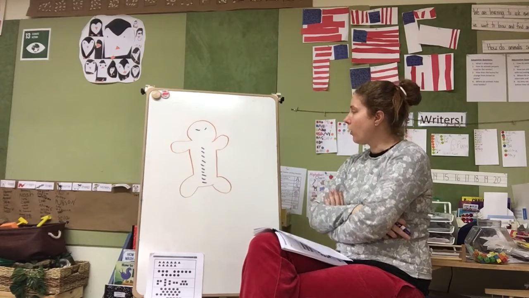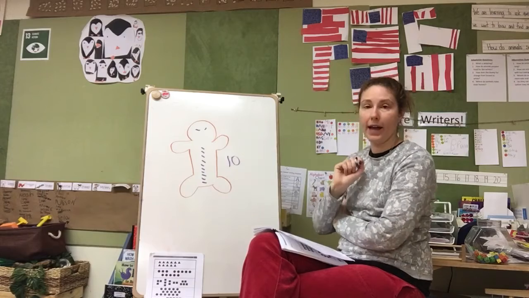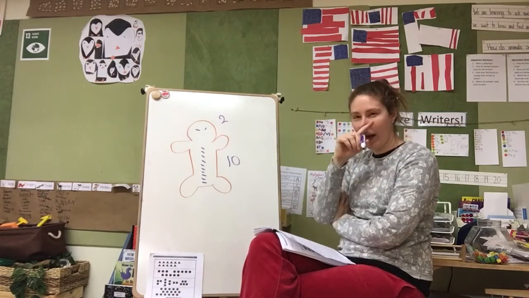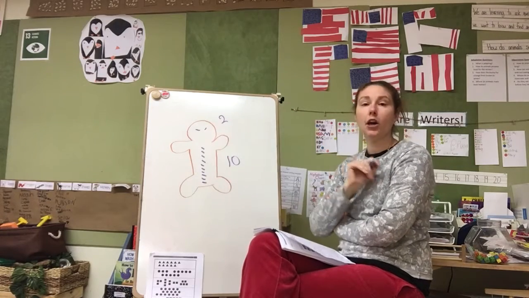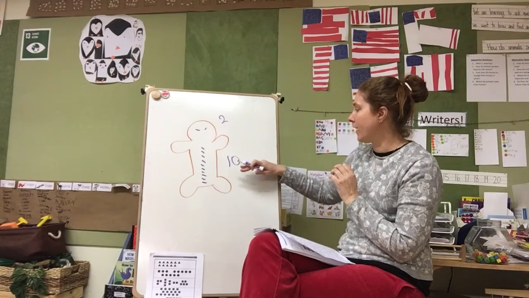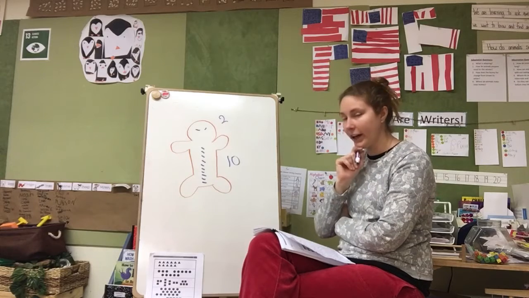So what do we know about this math problem? We have 10 here, right? 10 sprinkle buttons. And 2 here, 2 sprinkle eyes. How many sprinkles are on our gingerbread man in total? All of them combined, how many sprinkles do we have? We have 10 and 2. What's 10 and 2 make? Who can figure it out?